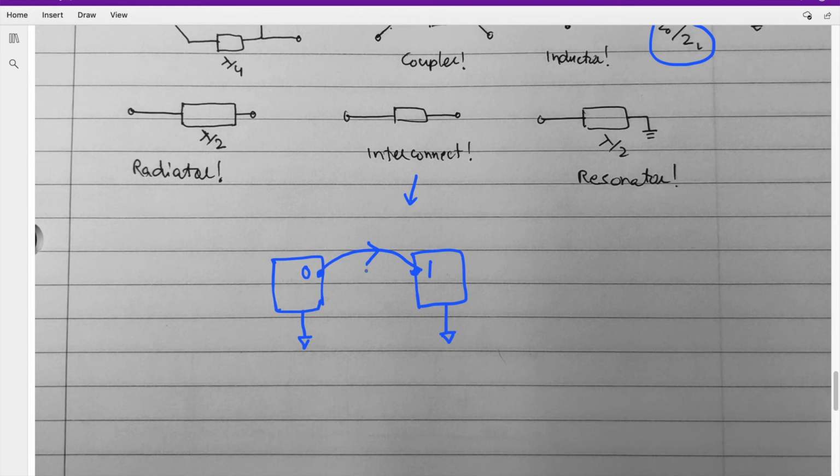So at lower frequencies, this is okay. But this is a disaster at high frequencies. Why? Not only will it have skin effect at higher frequencies, but this will have some inductance. And at very high frequencies, the reactance of this inductance will become so high that this will eventually become an open circuit.